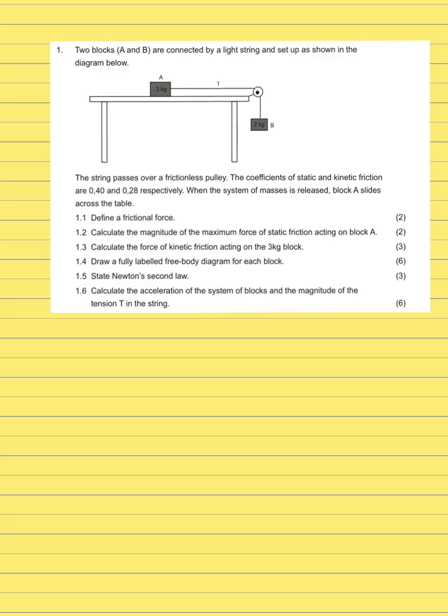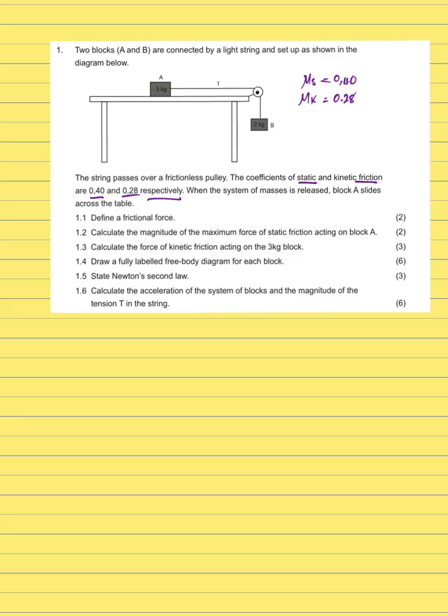So I know that mu s is 0.40 and mu k is 0.28. So can you see how the first word goes with the first value, the second word goes with the second value? That's because of the word respectively.